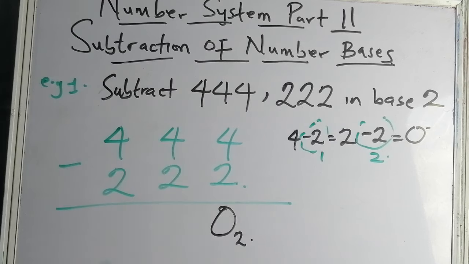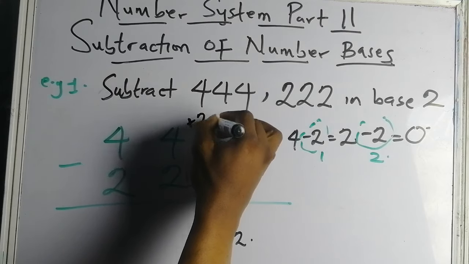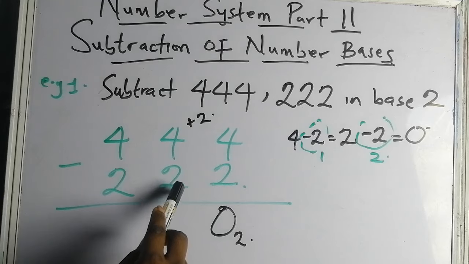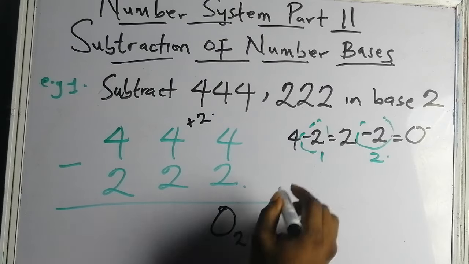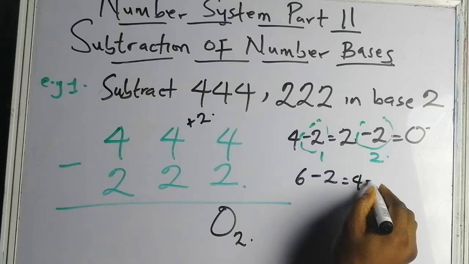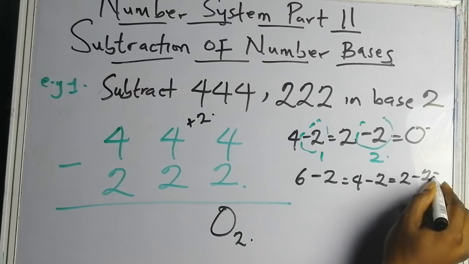So 2 plus 4, that is 6. Then that's 6 minus this 2. 6 minus 2 is 4, minus 2 is 2, minus 2 is 0.